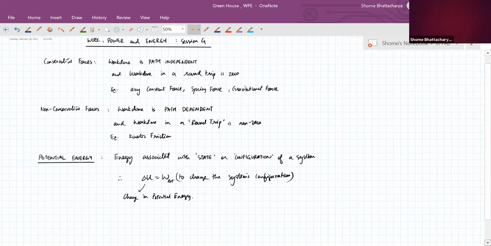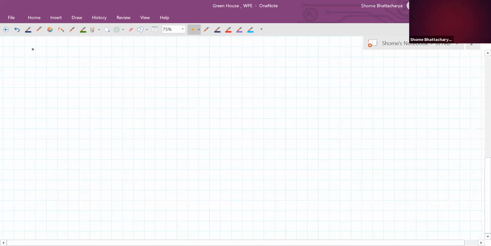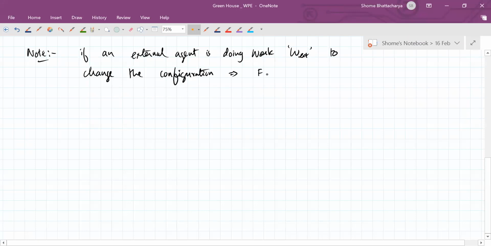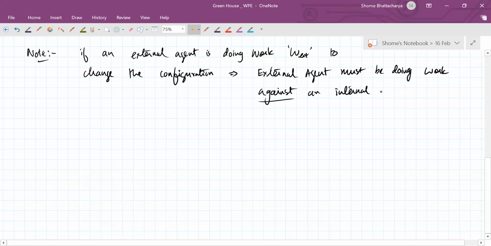All right, now the other thing we'll understand is that if an external agent is doing work to change the configuration only, this much work to change the configuration of the system, that means that the external agent must be doing work against some internal force, against an internal force which is resisting that change.